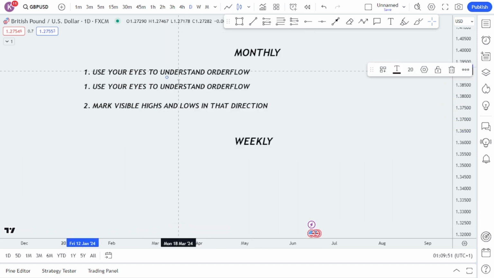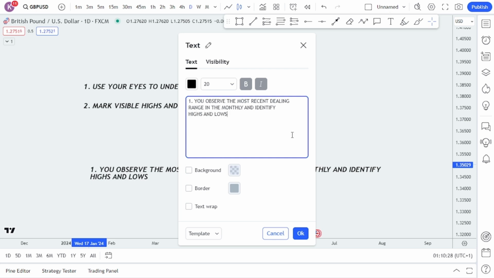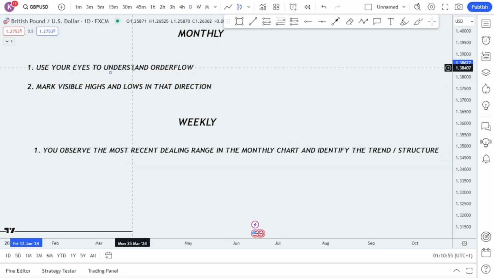In the weekly chart now, you observe the most recent dealing range in the monthly chart and identify highs and lows, and identify the trend and structure. Okay, that's like number 1.